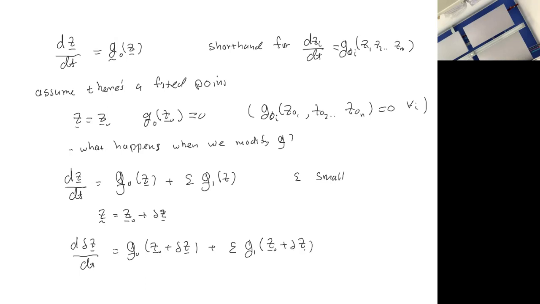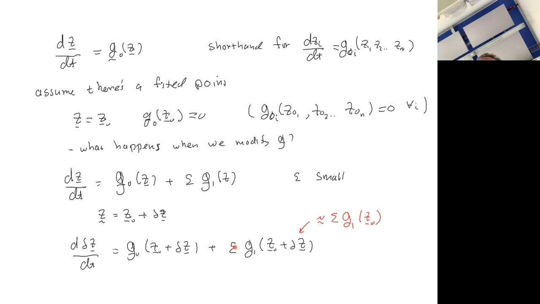And we're going to let this term be approximately equal to epsilon G1 of z naught, because epsilon is small and delta z is small. So any correction is going to be multiplied by a small number.